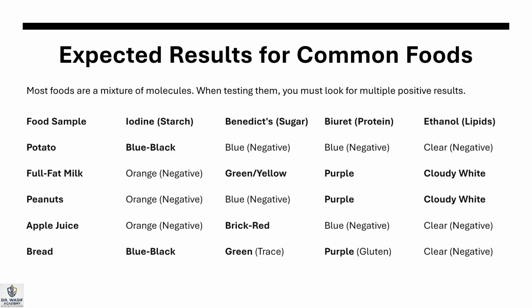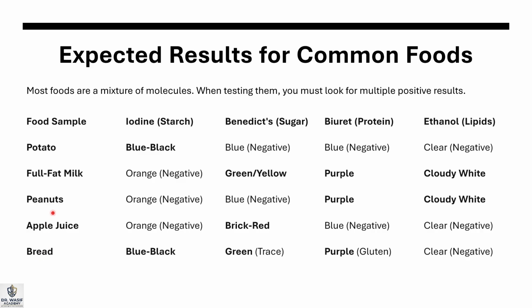Compare this potato with full fat milk. It's a biological cocktail. It tests negative for starch, but it has a trace of sugar, a strong purple for protein, and that signature cloudy white emulsion for lipids.